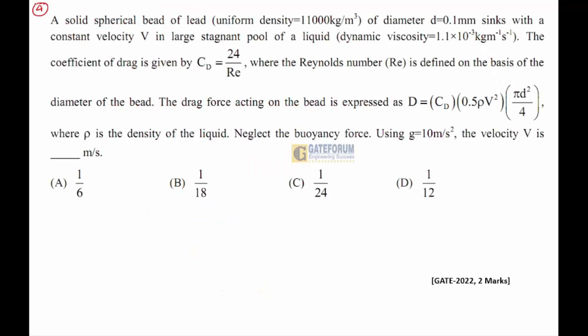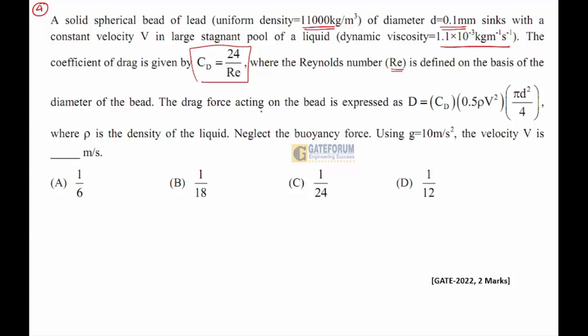A solid sphere bead of lead, uniform density of 11,000 kg per meter cube with a diameter of 0.1 mm, sinks with a constant velocity v in a large stagnant pool of liquid. Dynamic viscosity is 1.1 into 10 power minus 3 kg meter inverse second inverse. The coefficient of drag CD is 24 by Re. Reynolds number Re is defined on the basis of diameter of the bead.